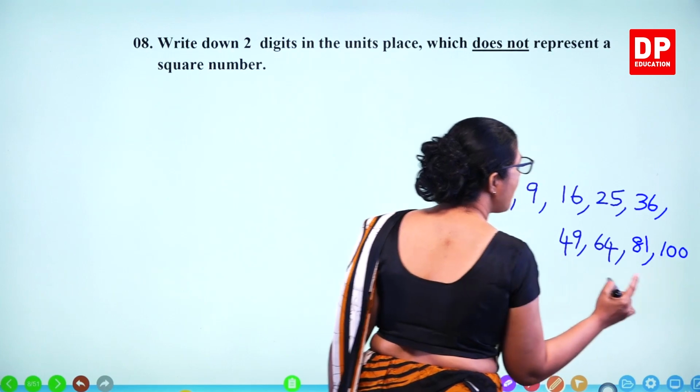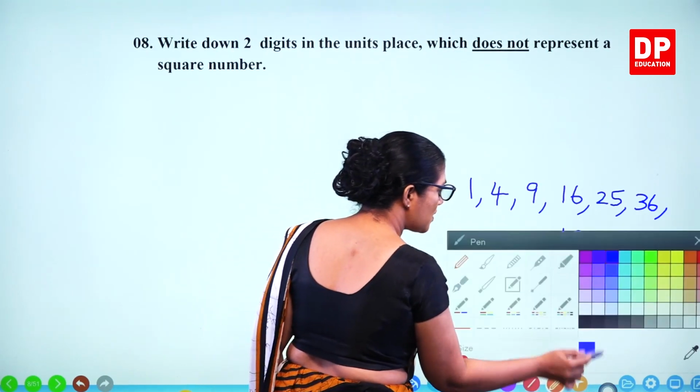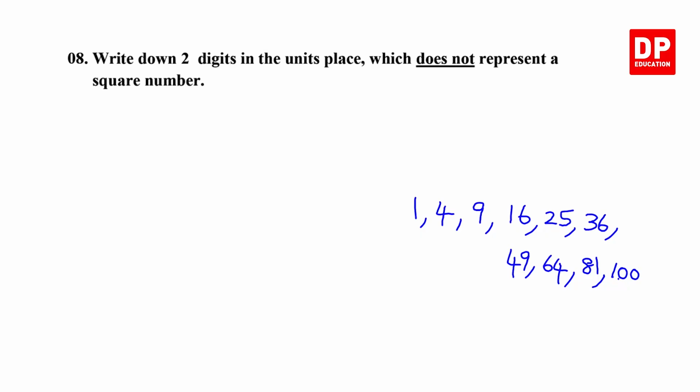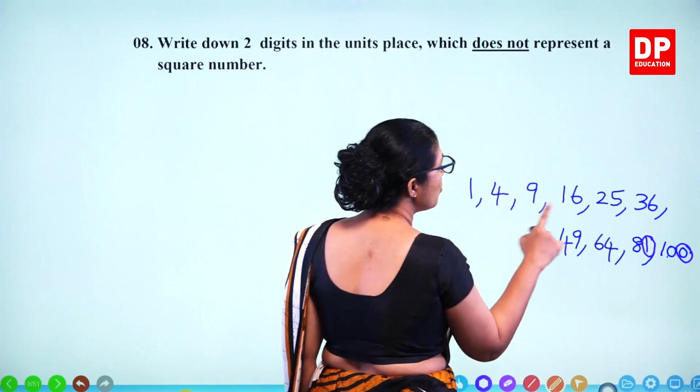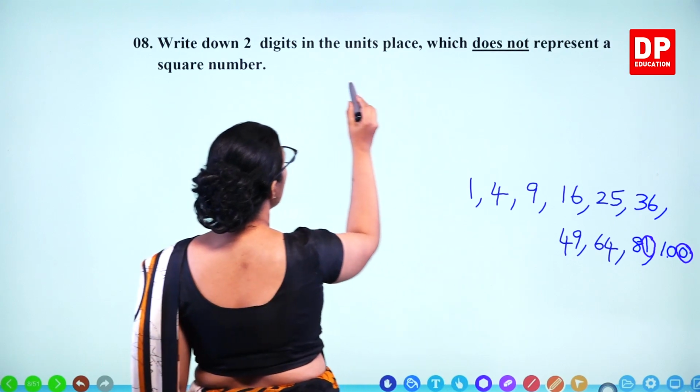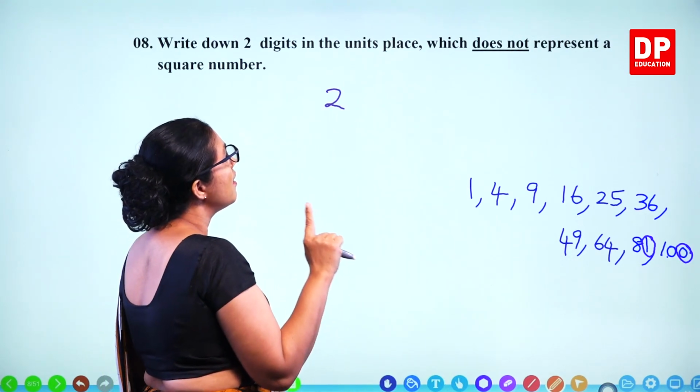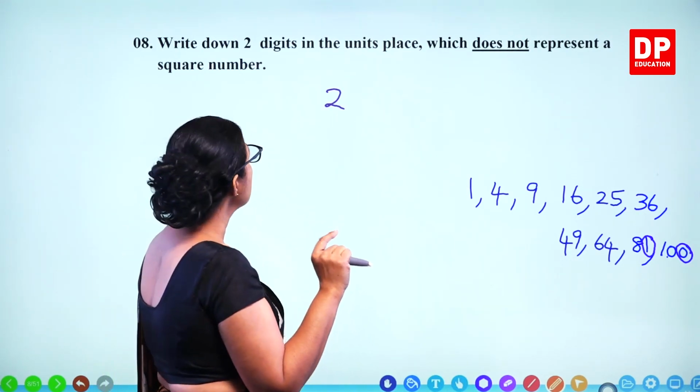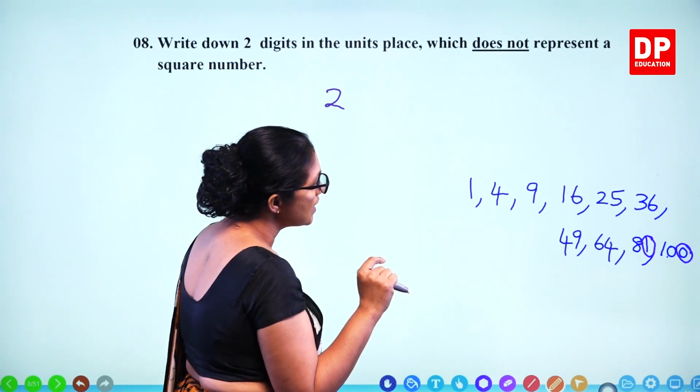And 10 squared, 100. Just look at the last digits. You get 0. You get 1. But 2 is not there. So 2 is one of the digits that does not represent square numbers.